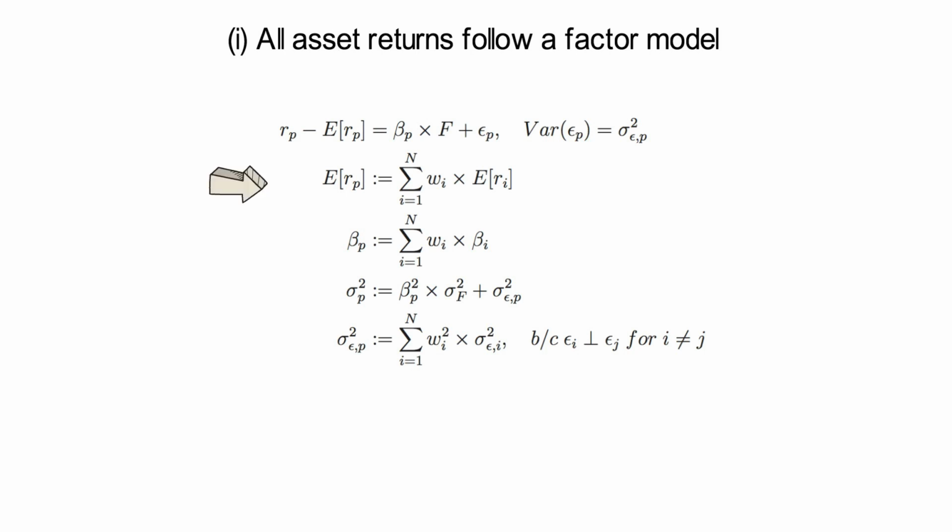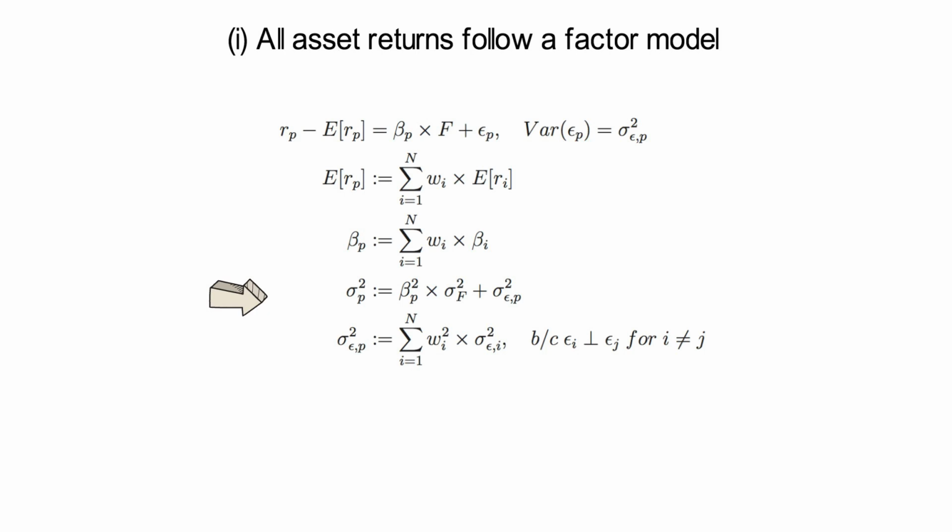Now the expected return of the portfolio is simply the linear combination of expected returns of individual assets times Wi, which reflects the relative weight of asset i in the portfolio. Now beta P is also the weighted average of individual betas. Sigma square P, so the total variance of the portfolio return, has two components.